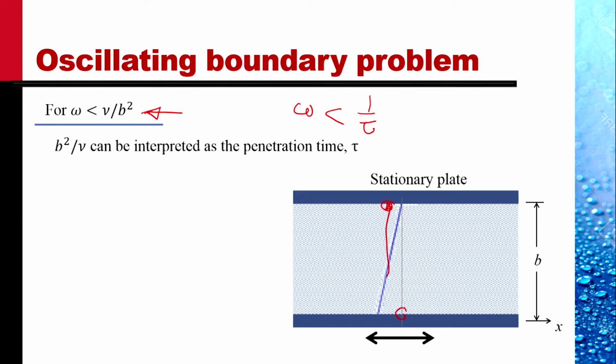The lower plate is fluctuating far too slowly, such that at any given time the velocity appears to penetrate up to the upper plate almost instantaneously. And so we have a quasi-steady flow.